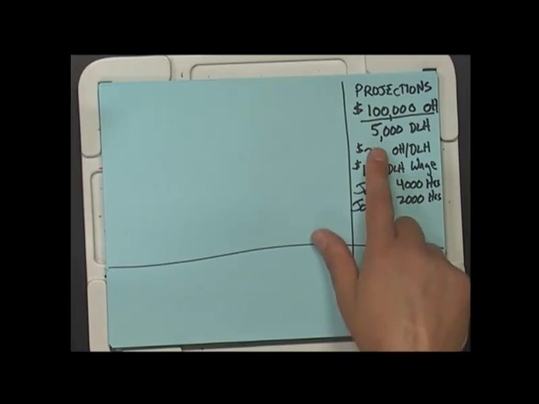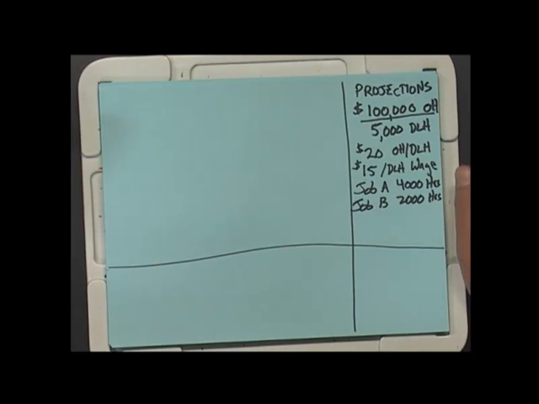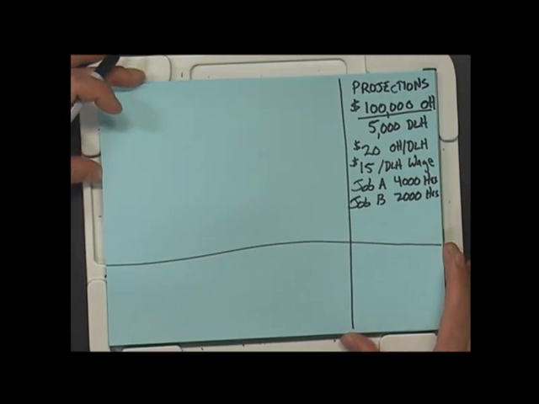So you'd better earn at least $35 in revenue for every hour of labor that you put into your contract. Otherwise, you're going to have a negative reported margin. You've got to cover both the direct labor and the overhead cost associated with that direct labor.